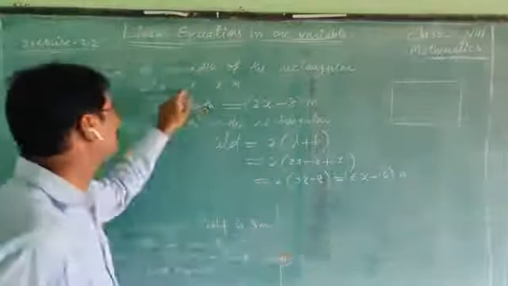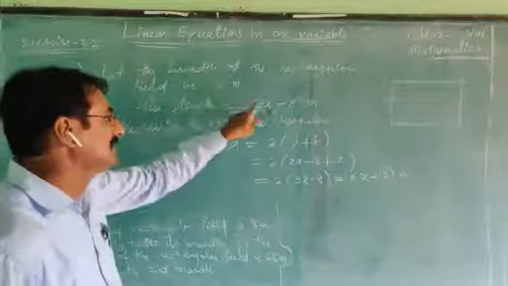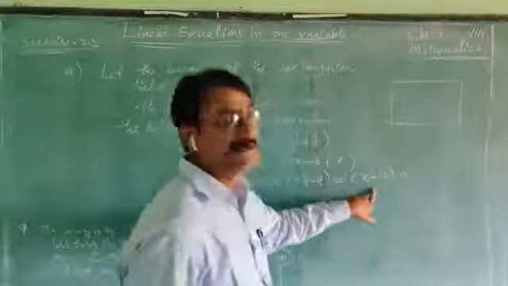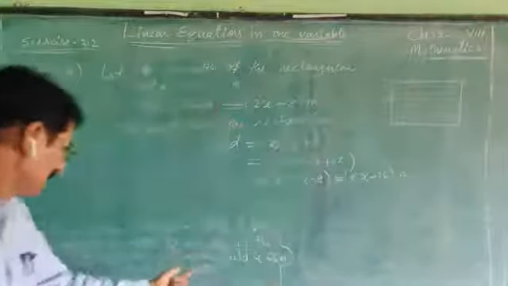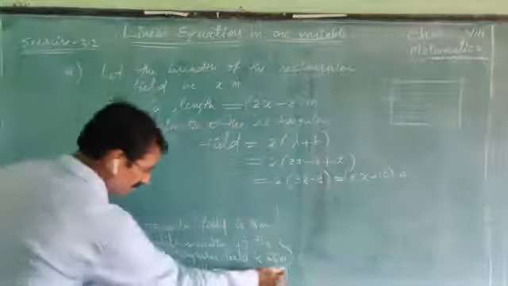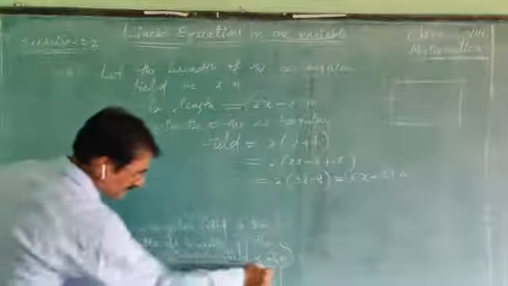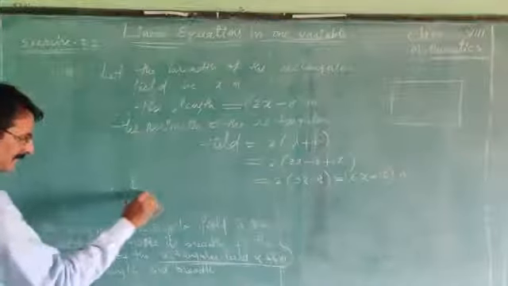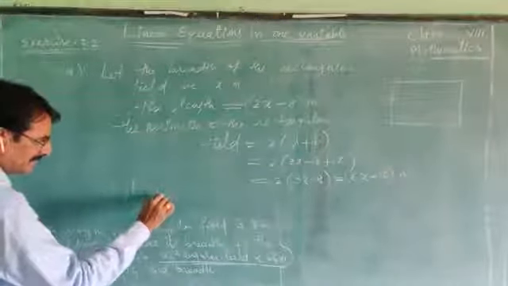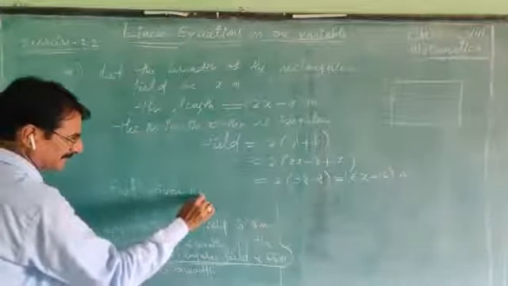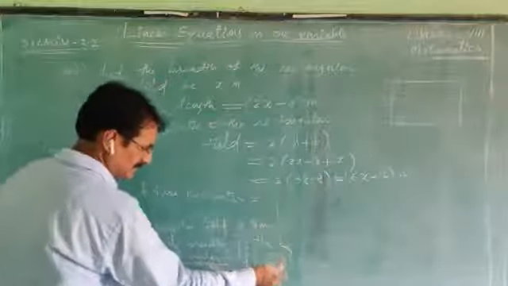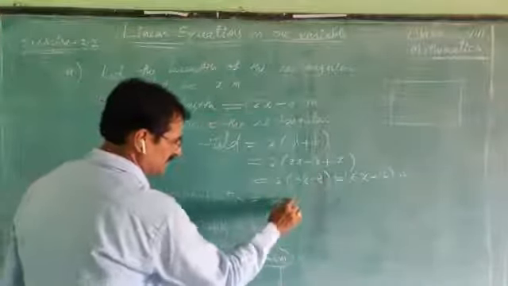If we take the breadth equal to x and length 2x minus 8, we got this as the perimeter of the rectangle. But in the problem given, how much? 56. Given perimeter equal to 56 meters.